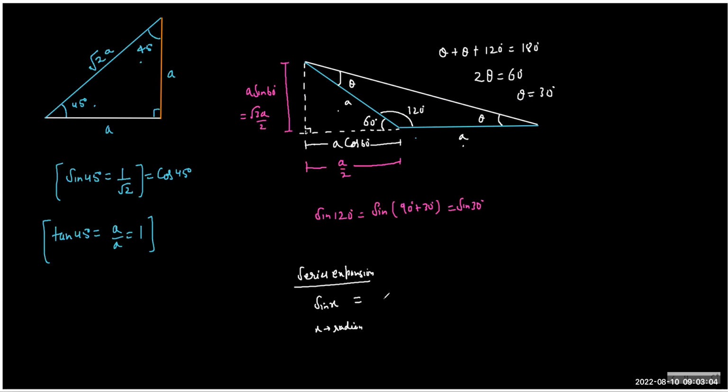So we can write this as x minus x cube by factorial 3, plus x power 5 by factorial 5, and so on. Up to, there are infinite terms. It will never end. It will keep on happening.